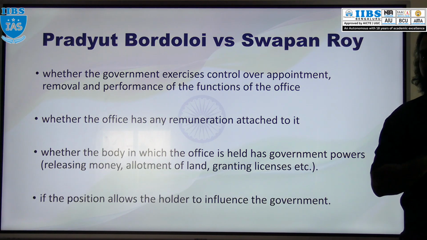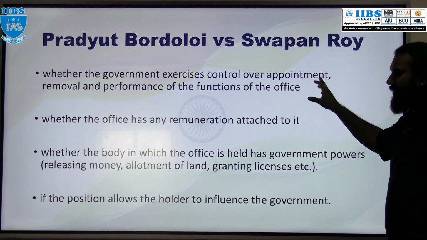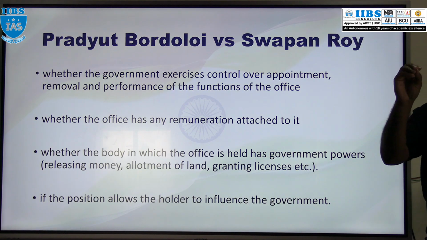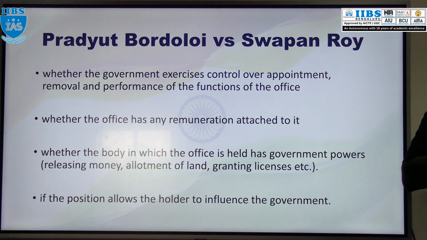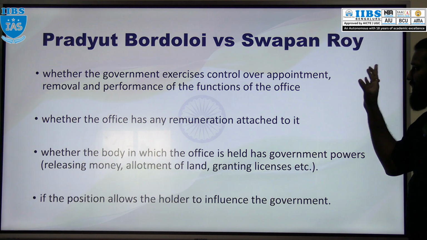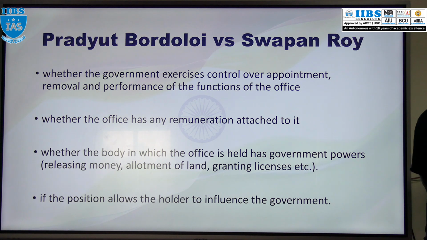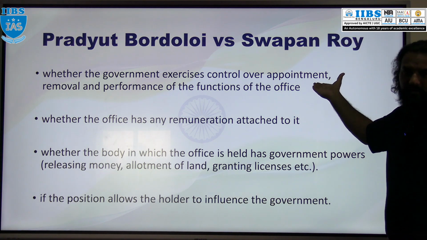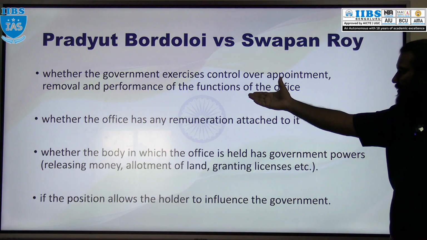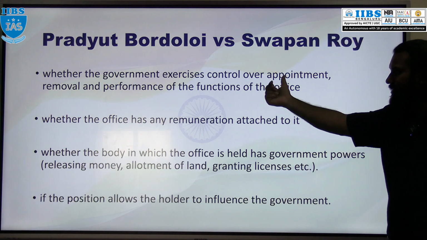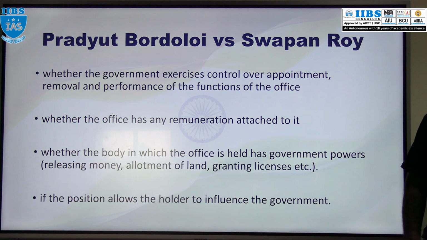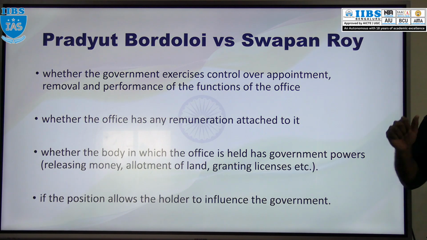So what are the things that come under office of profit? The Supreme Court rules that any company or any corporation where the government exercises control, what control? The government is doing the appointment, the government is removing, or the government is dealing with or examining the performance or function of that particular office.